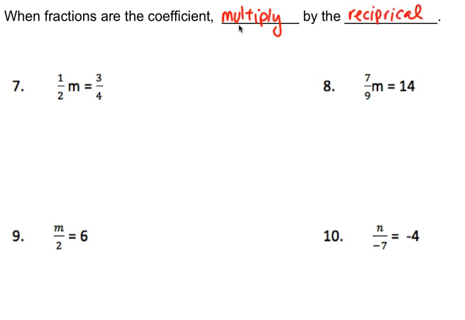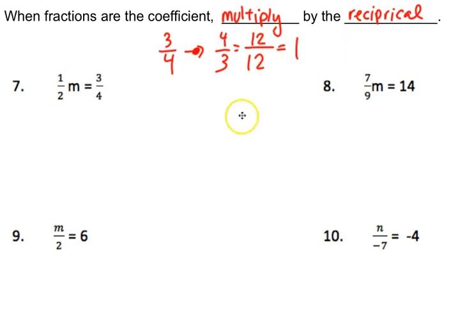Remember, reciprocal means a flipped fraction. So if I had 3/4, the reciprocal will be 4/3. You're just multiplying by the opposite. The reason that works out is if you multiply the numerators, you would get 12, and you multiply the denominators, you get 12. 12 divided by 12 is 1, and then I've got my variable by itself.